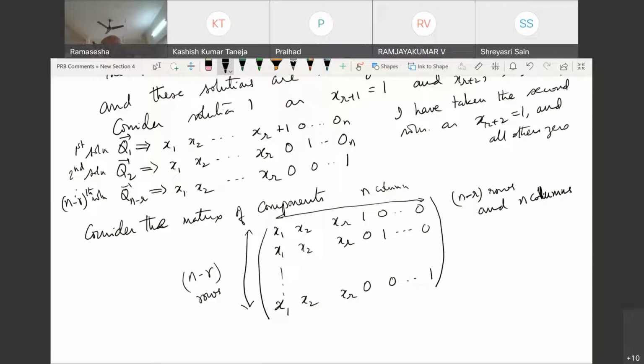Okay, and that is n minus r in number. So this is an n minus r rows by n columns matrix.